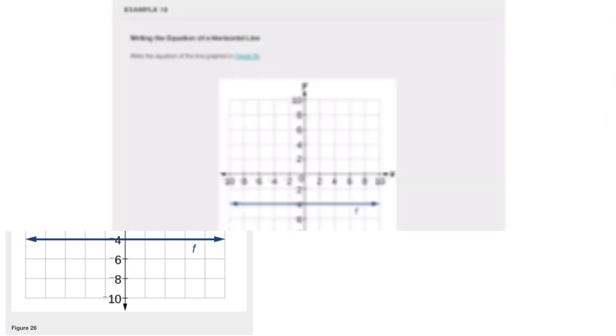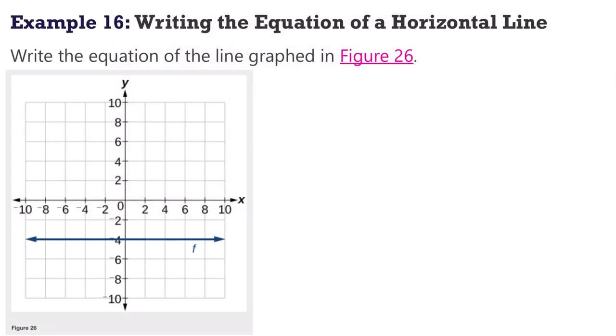I don't know how that happened. Okay. So write the equation of the line graphed here. What slide am I on? 63. And my device is kind of throwing a tantrum a bit. I think we're okay.